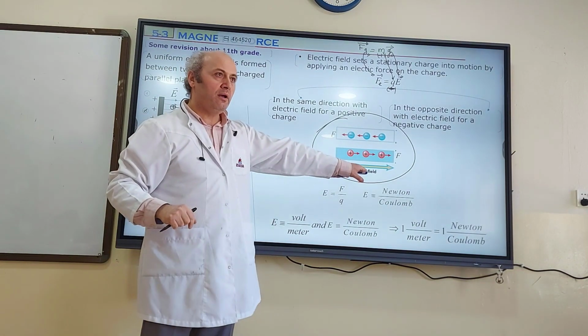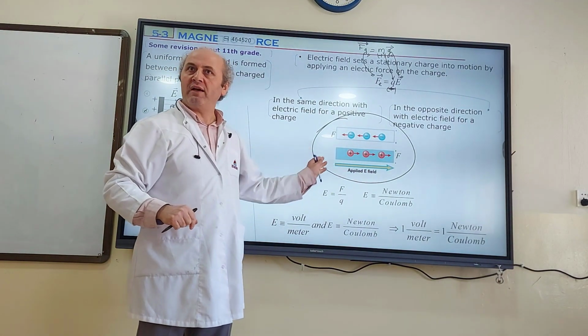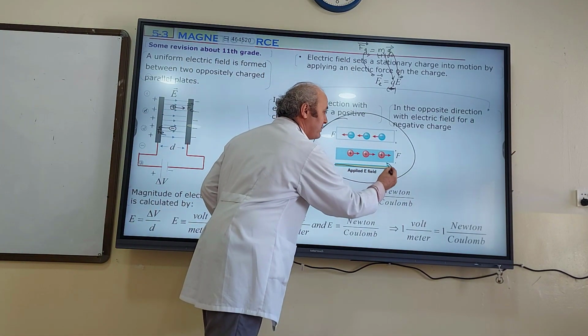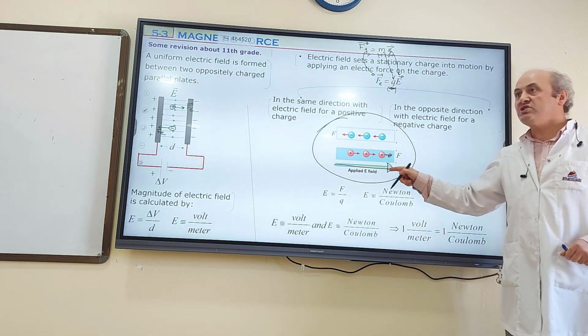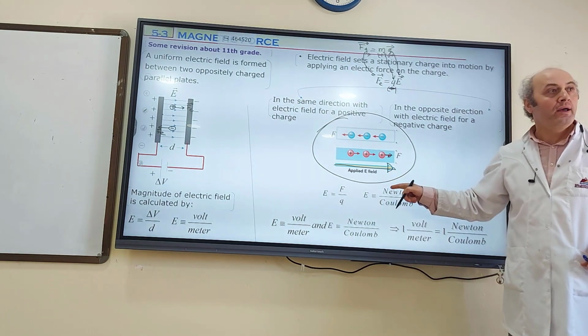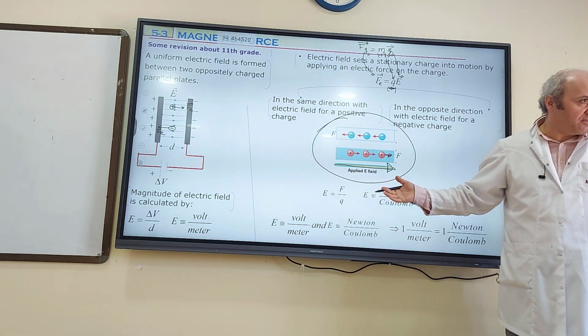Look at here. Electric field is from left to right. Okay, look now at the direction of motion of the positive charge. Positive charge moves in the same direction as the electric field. Why? Because force is in the same direction as the electric field.